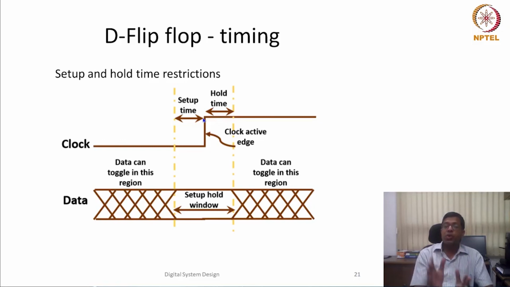We have to make sure that D, the input, will not change at least setup time before this rising edge and at least hold time after this rising edge. To make it towards the ideal arrangement, the setup time has to be minimum and the hold time has to be minimum, but practically there would be non-zero values.